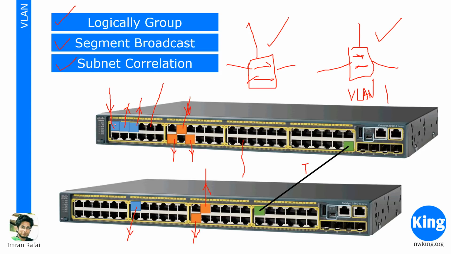Now what it does is, the minute you create VLAN 10 and VLAN 20, the switch creates something called the VLAN database. Now the switch says switch ports 1, 3 and 5 are part of VLAN 10, ports 14, 15 and 18 are part of VLAN 20, and everything else is VLAN 1. If any traffic is coming from VLAN 10, or these 1, 3 and 5 ports, it will only be sent to those ports which are also part of the same VLAN.